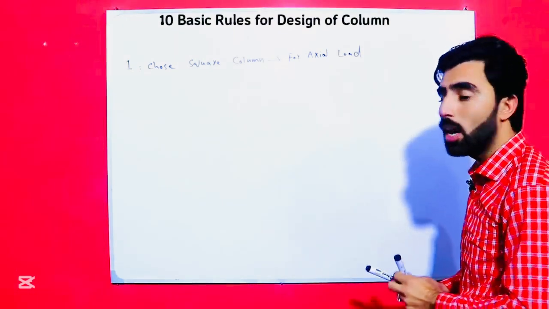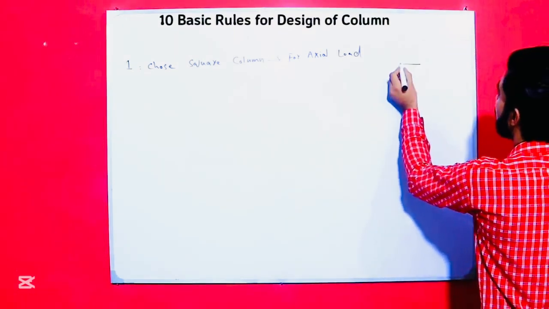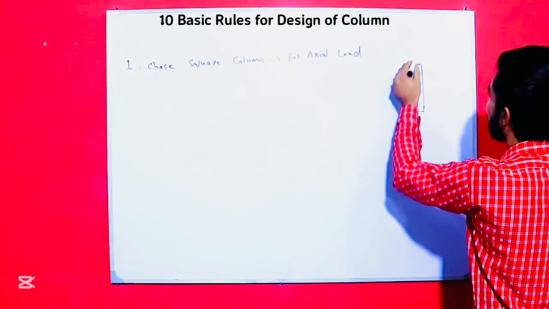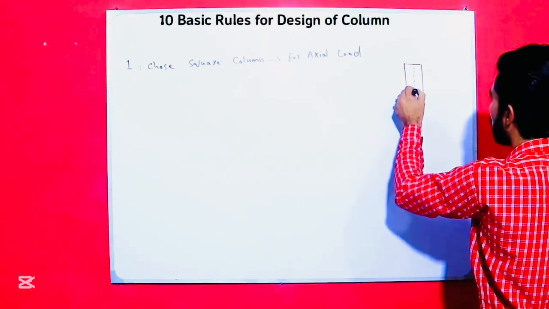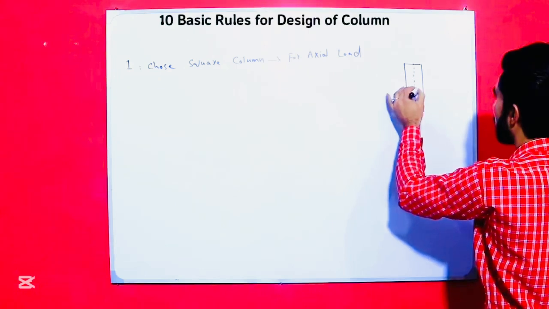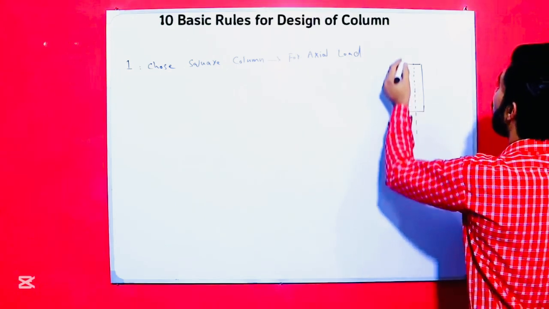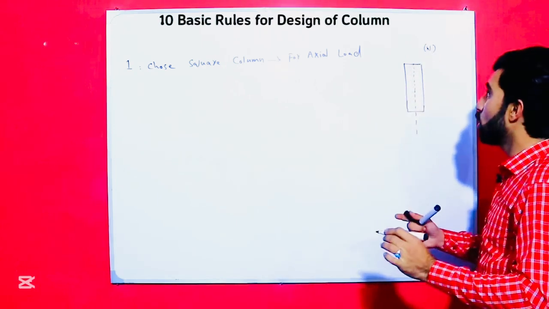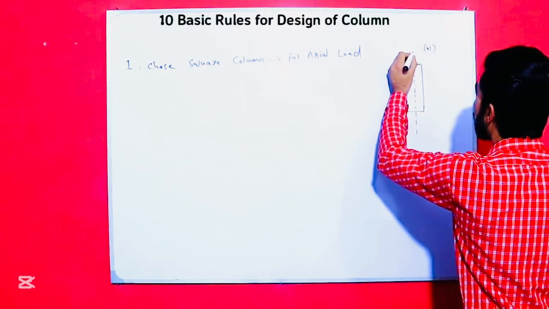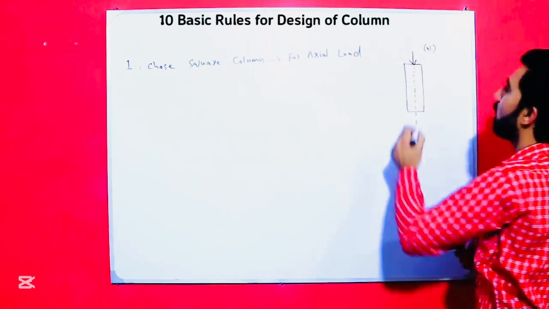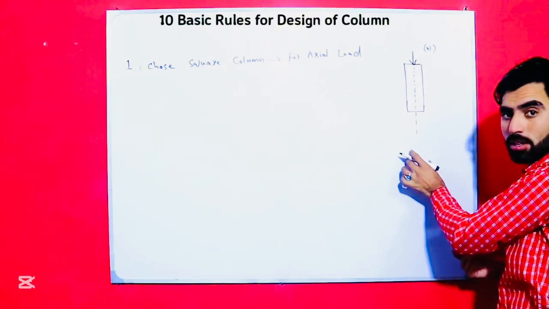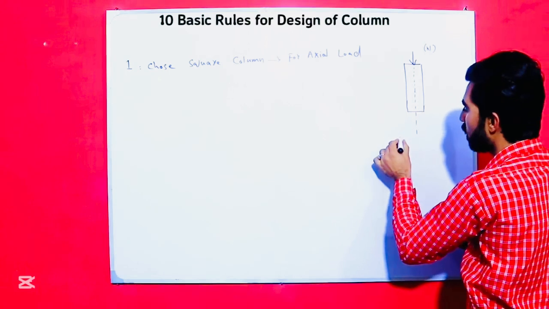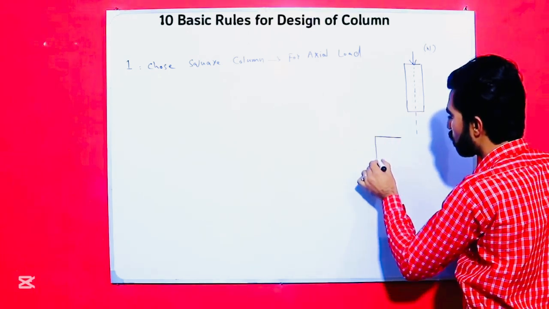How? As you can see guys, this is a column, and this is its center, axial point. When the load of the column comes on the center of the column, on axial point, in this case choose square column.